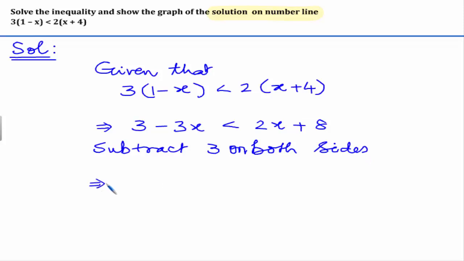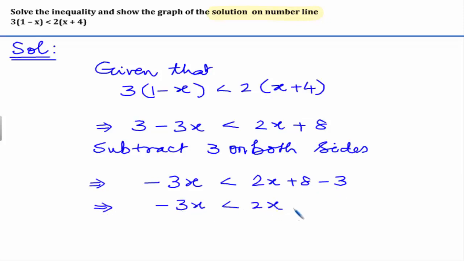And we get, here 3 minus 3 gets cancelled, so it is only minus 3x in the left hand side, less than 2x plus 8 minus 3, which will give us minus 3x less than 2x plus 5. Now this variable also should be removed from right hand side.